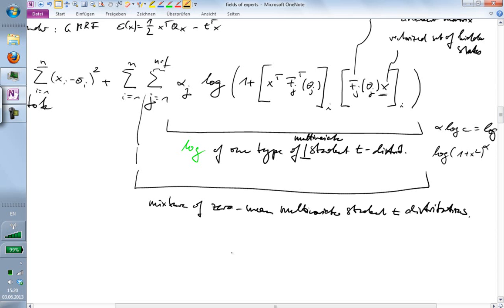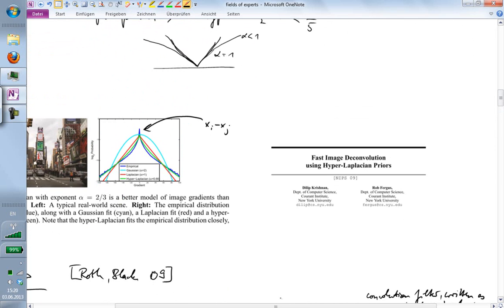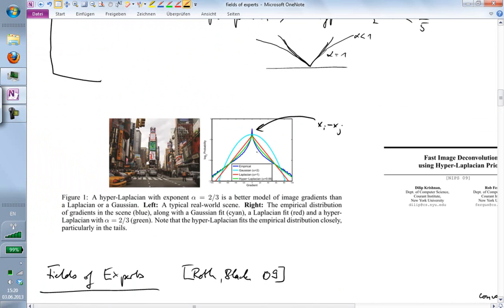And of course, such a mixture of student t distributions will give you more flexibility in modeling the precise statistics. So if I'm going back to this image here, these were not student t, but hyperlaplacians. But if I took a weighted mixture of several hyperlaplacians, I would manage to approximate even more closely the observed blue statistics here.